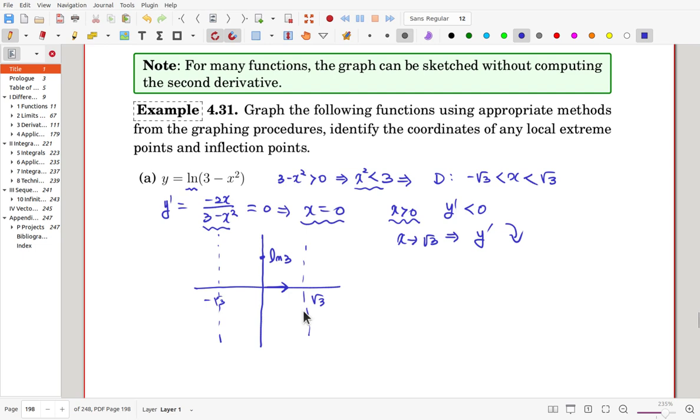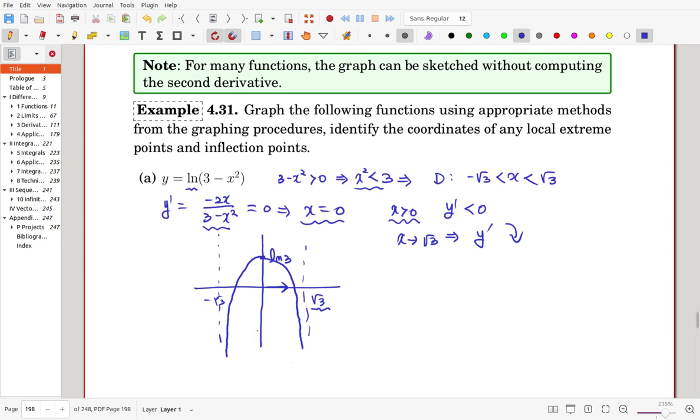So that eventually it is concave down, and of course as x is approaching minus square root of 3, the value will go to minus infinity. The other side is symmetric, so it goes down like that. So that is the graph of that function.